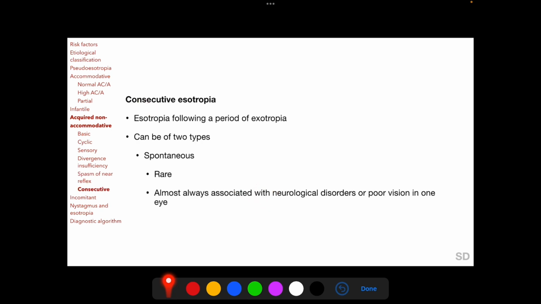In consecutive esotropia, patients having a history of exotropic deviation demonstrate esotropic deviation, and consecutive esotropia can be of two types, either spontaneous or post-operative. Spontaneous consecutive esotropia is a rare entity and almost always is associated with either neurological disorders or poor vision in one eye.